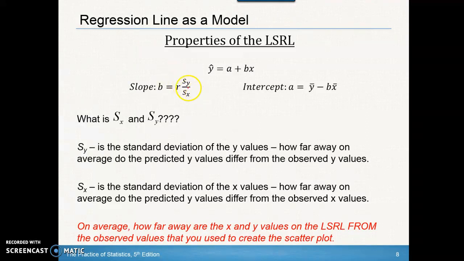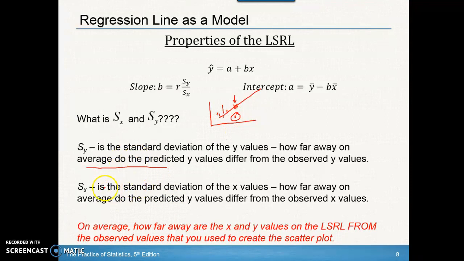So what exactly is the standard deviation of y and the standard deviation of x? The standard deviation of y is the standard deviation of your y values. Basically, how far away on average do the predicted y values differ from your observed y values? If you have your graph and you have your line, here is your observed, here would be the predicted. On average, how far away is this predicted value from this observed value? Same thing here, here, here, and here. So on average, how far away are they?